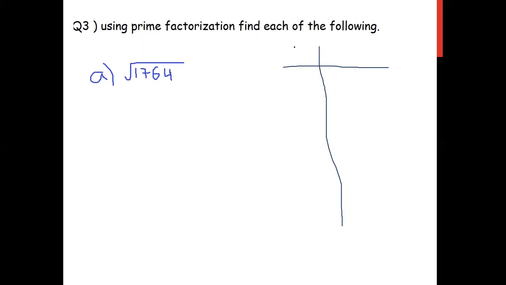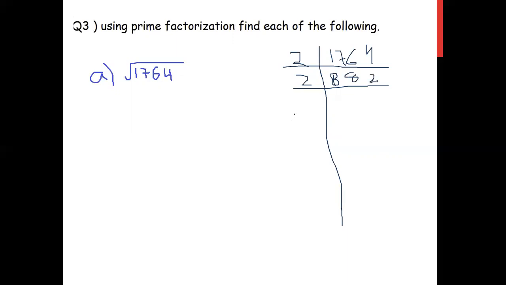We will take some value here, 1764. It is an even number, so we'll divide by the even prime number, that is 2. Now this is 882.